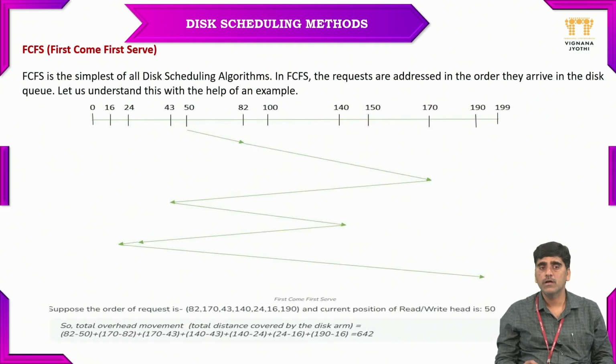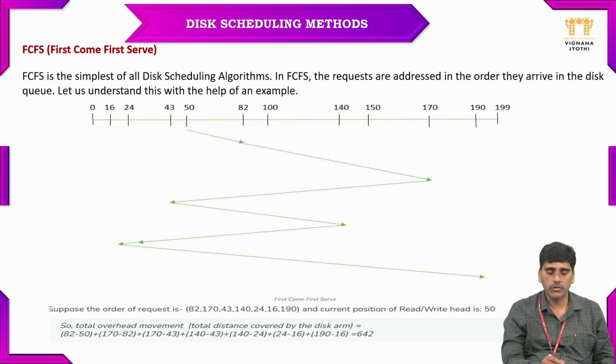The first one is first come first serve. In this diagram we are going to show the movement of the disk, the order of the requests, how it moves to the next position and performs the read or write operation, right? First come first serve is the simplest of all disk scheduling algorithms.